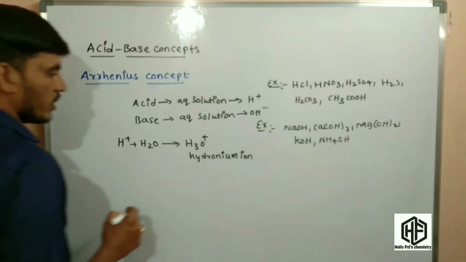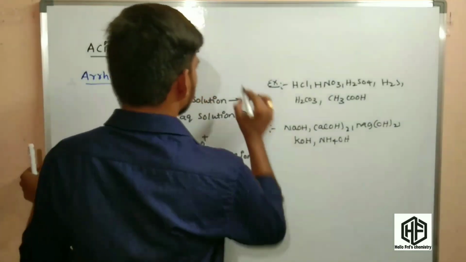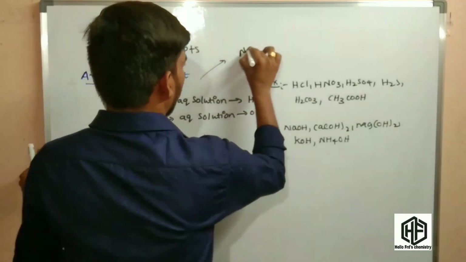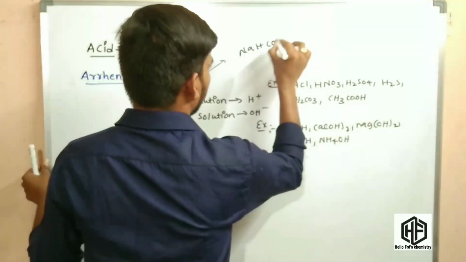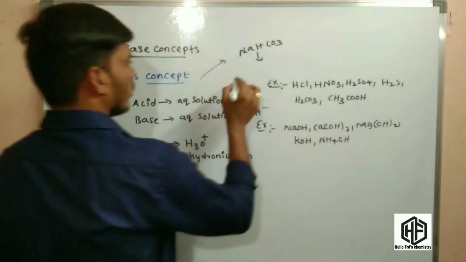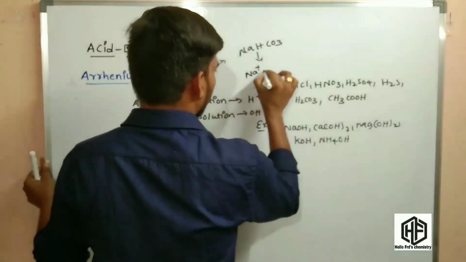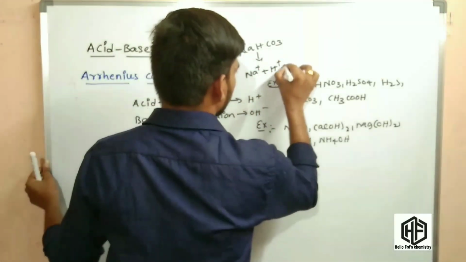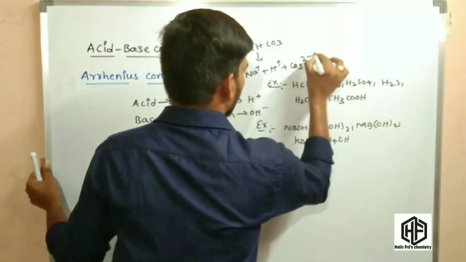Now one more point. For example, NaHCO3 is dissolved in aqueous medium. What happens here? Na plus, H plus and CO3 2 minus are present.